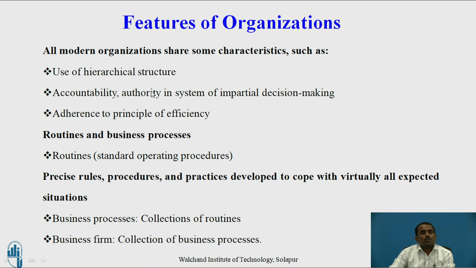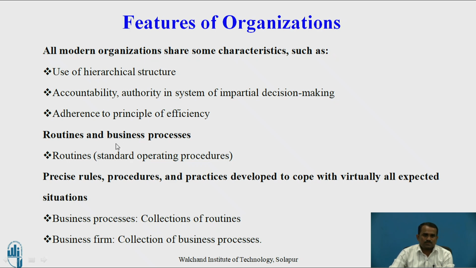Sometimes it is possible if they have started new, and if the hierarchy is there in the business, it can be held very soon without making much effort. Then accountability, authority in a system of impartial decision making, and adherence to the principle of efficiency. These are some of the characteristics.